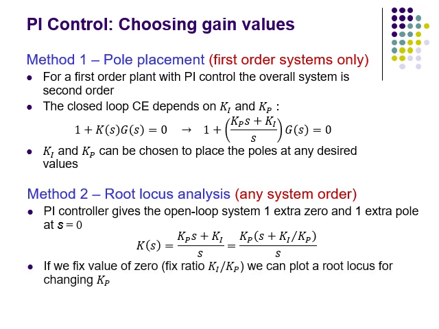If we fix the value of the zero, that means we're fixing the ratio Ki over Kp, then we can plot a root locus for changing the value of Kp.